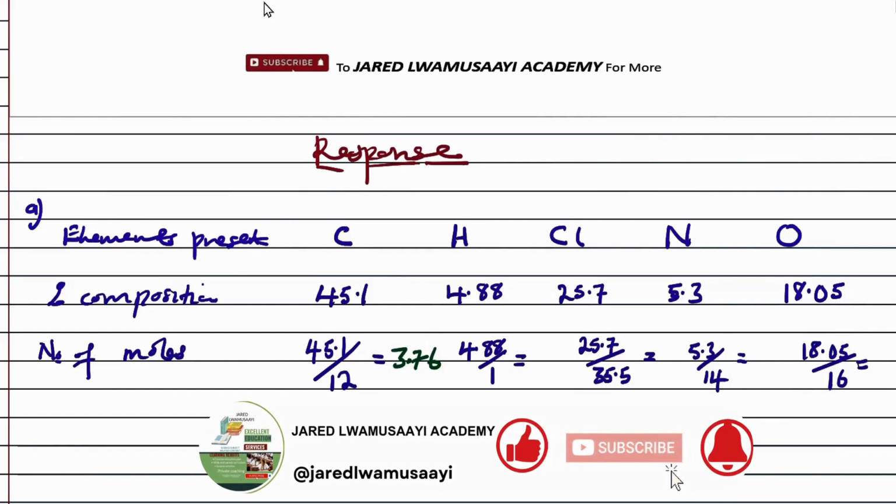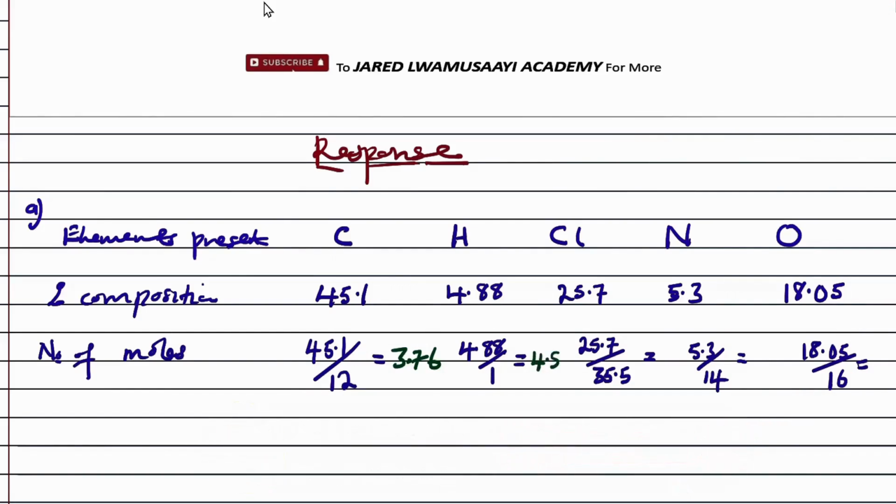So hydrogen remains 4.88. Then for chlorine, as I divide, I'm getting 0.75. For nitrogen, I'm getting 0.38. Whereas for oxygen, I'm getting 1.13.